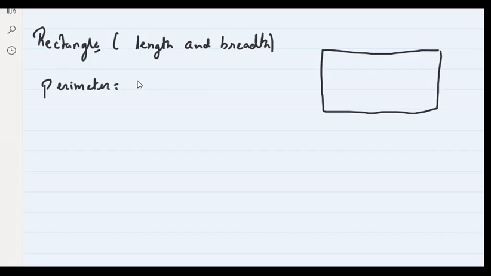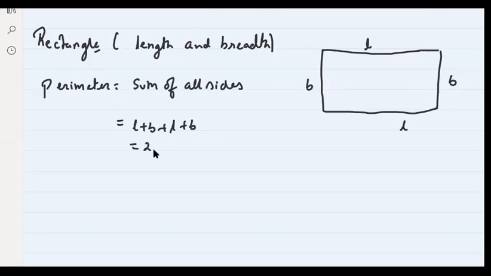Perimeter is always sum of sides. So this is L, B, L, B. If you add them, what will you get? You will get L plus B plus L plus B, which is 2L plus 2B. Now 2 can be taken as common, so it will be 2 into (L plus B). Got it, everyone?